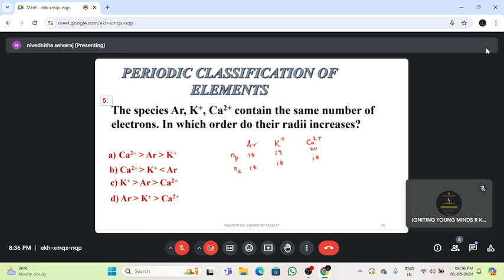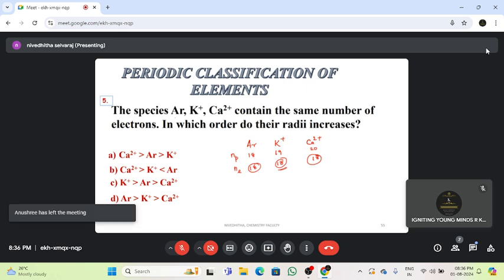All the elements have the same number of electrons, but definitely size will vary. How will it vary? Here, 18 protons are holding 18 electrons. That is fine. Here, 19 protons are holding 18 electrons. So 18 electrons will experience more effective nuclear charge, right?